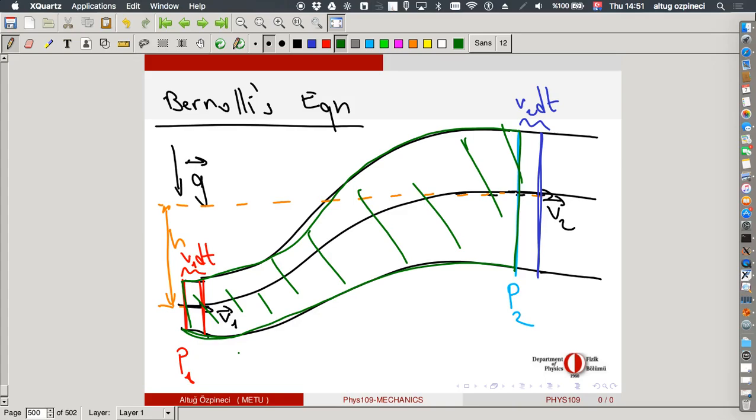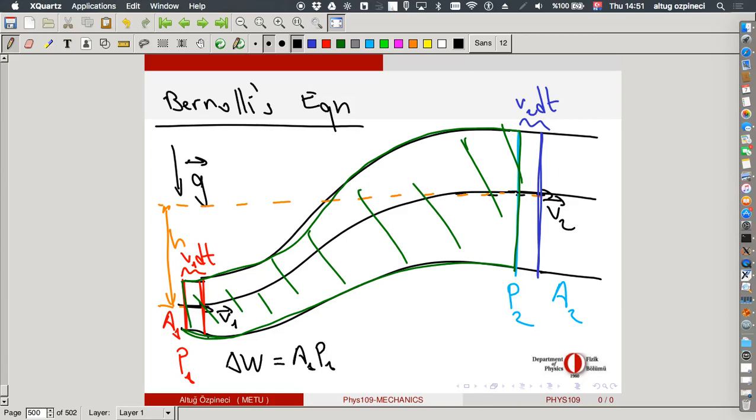There is work done on my system. The work done is due to the pressure. At this area, the pressure is pushing it in this direction. The total force is A1 times P1. Let's say the area is A1. On the other side, the area is A2. We are calculating the total work done.